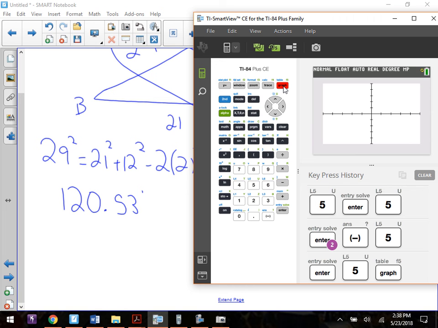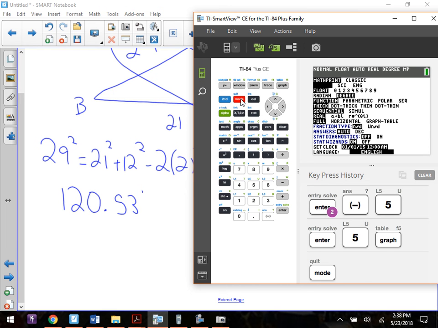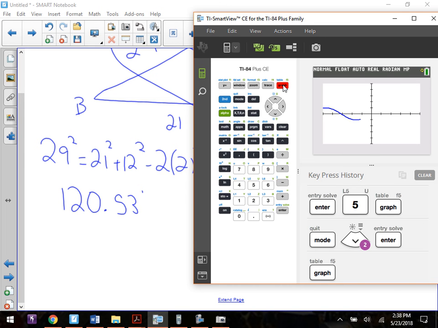If I graph sine of x in degrees, that's what it looks like. But if I change it to radians, then it brings it out. Does that make sense? If you graph anything with the calculator, you want to be in radians. If you're pressing buttons in the calculator, you've got to be in degrees.